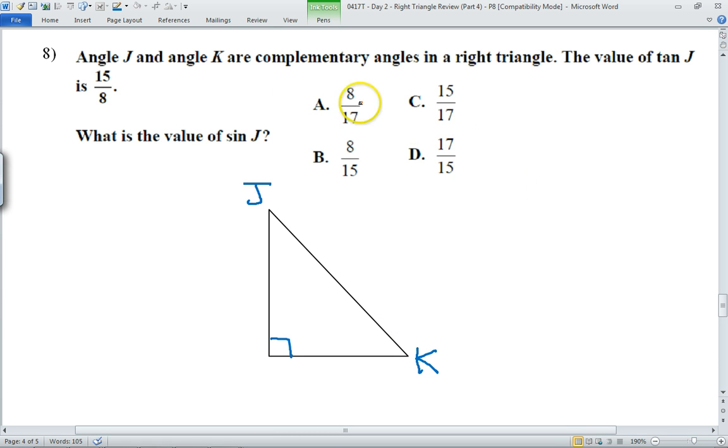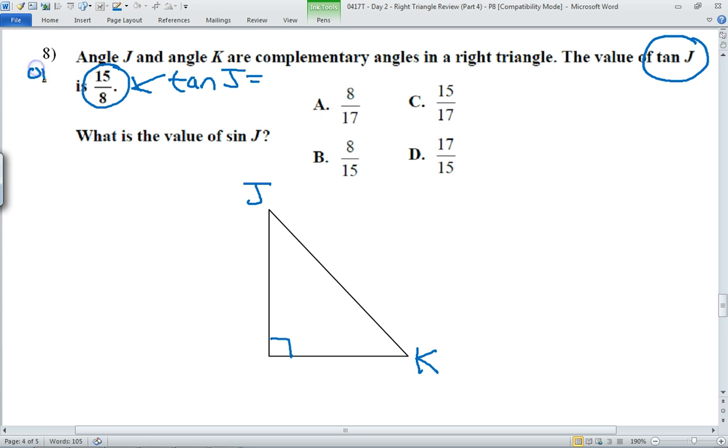Now, what else do they say? The value of the tangent of J is 15 over 8. That's the tangent of angle J. So what's the definition of tangent?